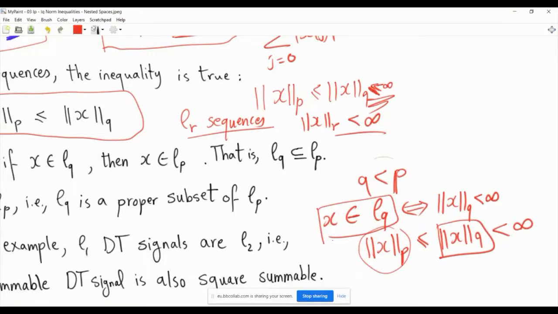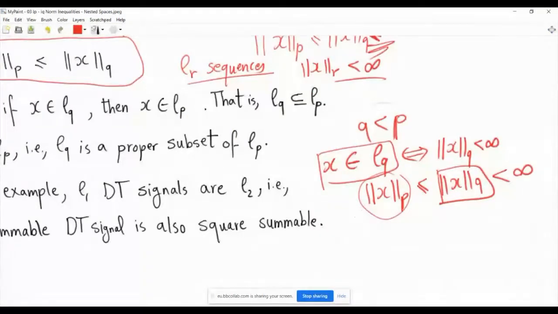Suppose that you are dealing with a discrete time signal with an LQ norm that is finite. Then if you compute the LP norm, you are guaranteed to also get a finite result, because the LP norm is upper bounded by the LQ norm, which is finite. So the LP norm is finite, thus X also lives in LP.